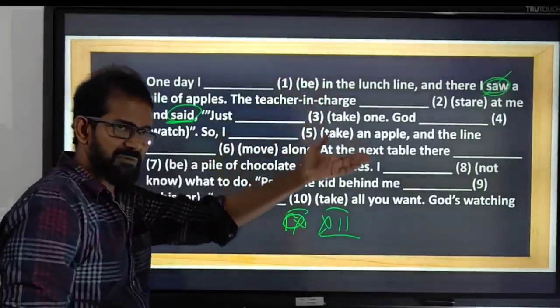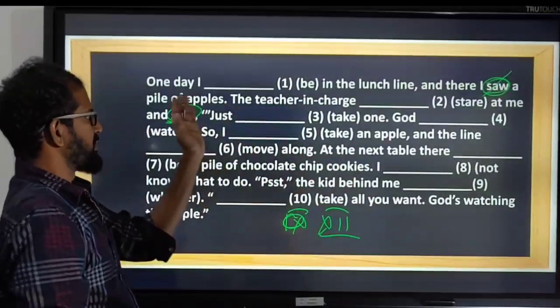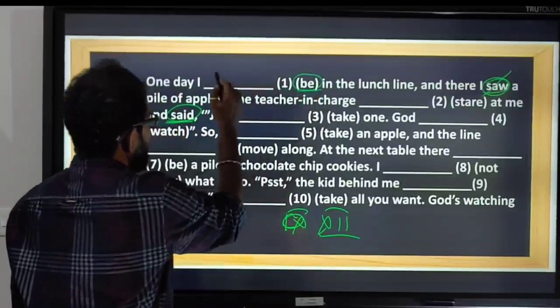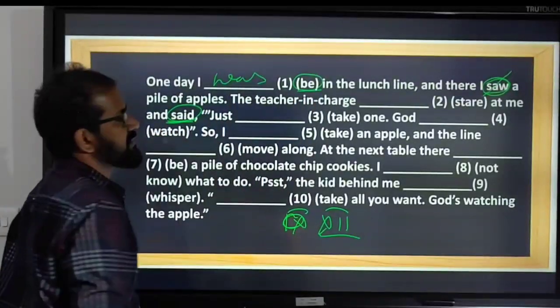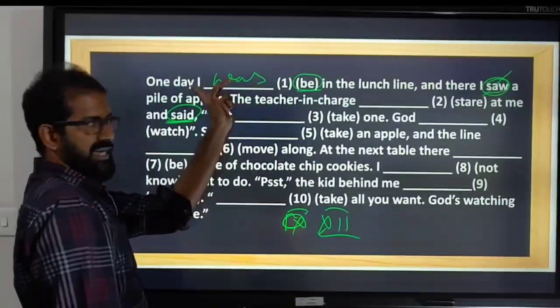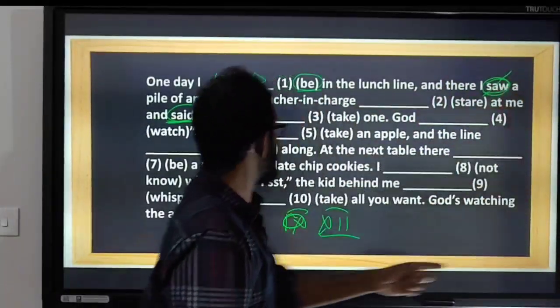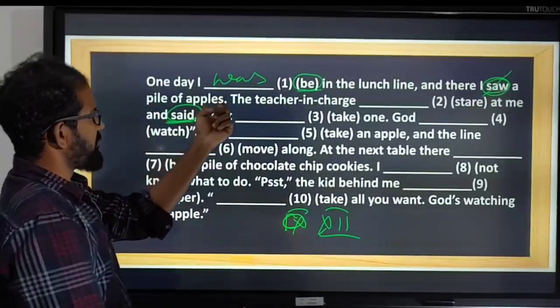So the blanks have to be filled with past tense. Let us go one after the other. One day I be, past form of be first. We don't use were here because the subject is I. I was in the lunch line, and there I saw a pile of apples.